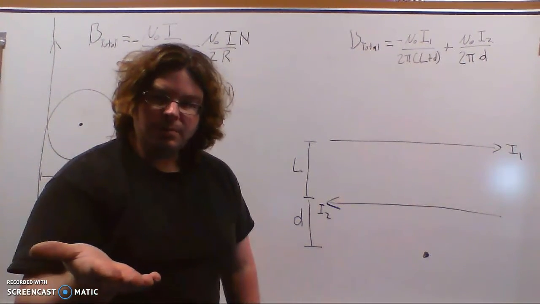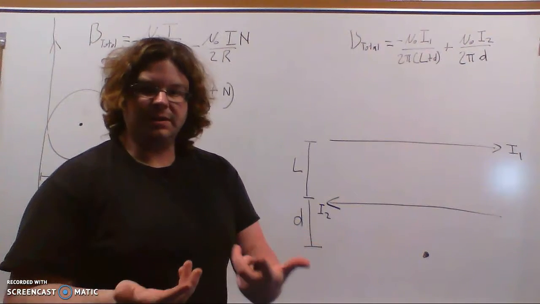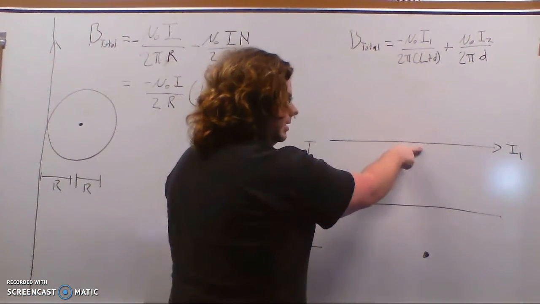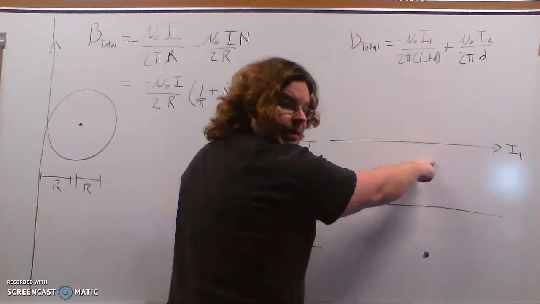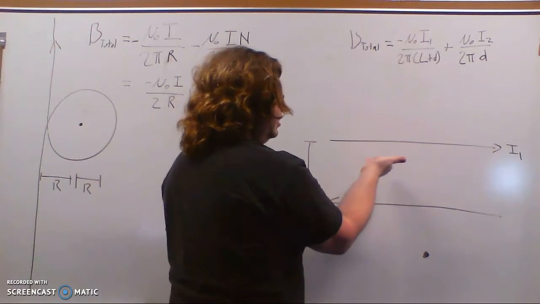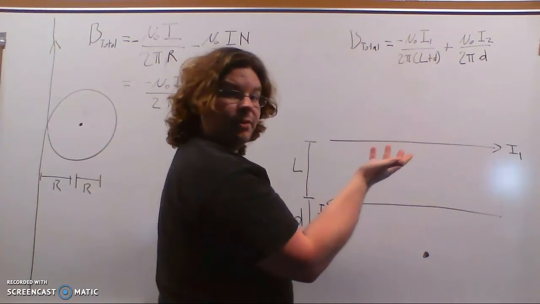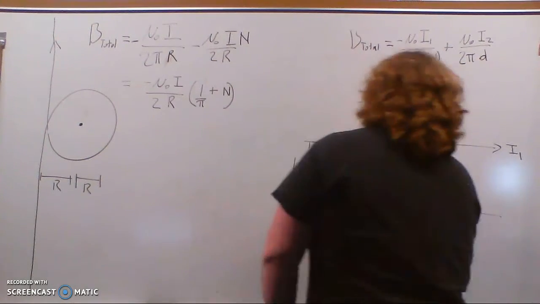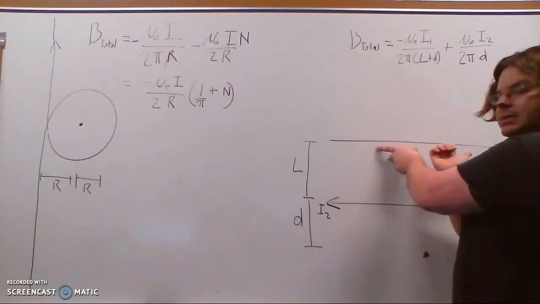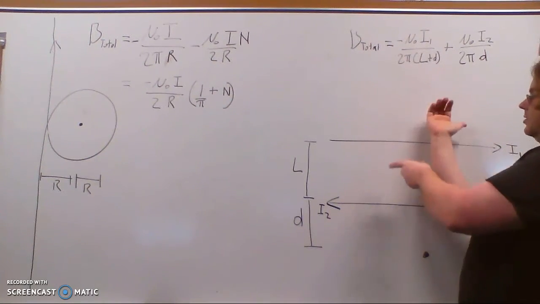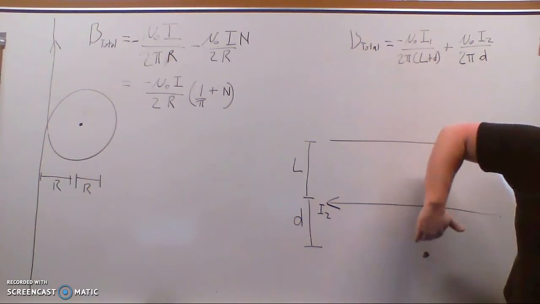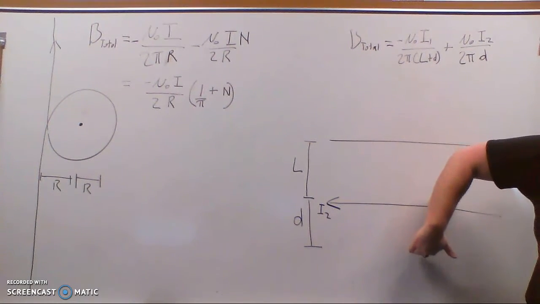Well, we use our right-hand rule to first figure out just some relative directions. This current here that's flowing this way, if I want to know the magnetic field it creates, it's creating magnetic field everywhere, but I run my thumb along the direction of that current, and so this current here is creating out here magnetic field that's pointed out this way, and way over here it's creating magnetic field that points into the wall.